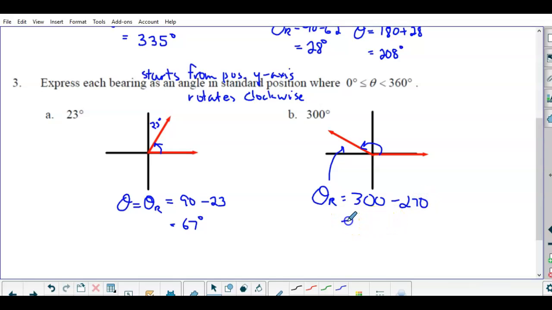The three quadrants that we traveled through. So that's 30 degrees. So our theta is going to be 180 minus 30, which is 150 degrees. If you don't put the degree symbol in your work, I'm okay with that, but you got to have it at the end.